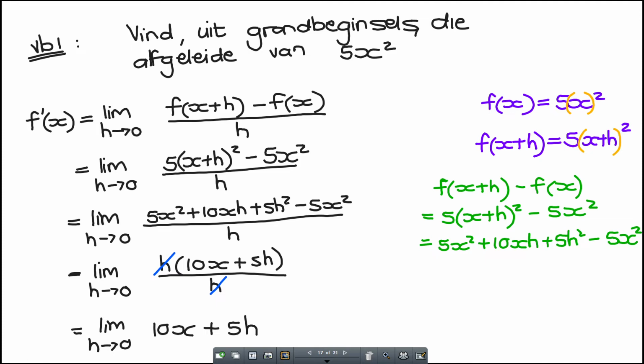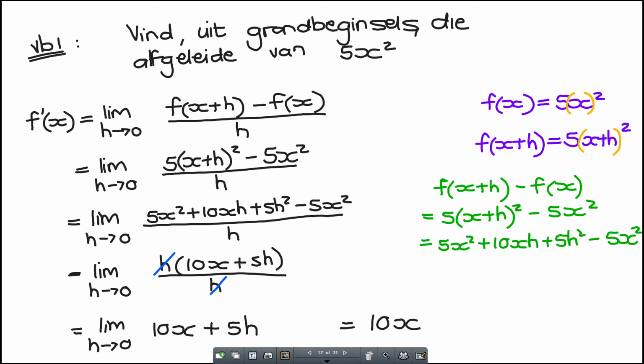Okay, now, we've cancelled out. So our last step is substitute in. That's 0. En as ek gaan 0 instel, wat gaan ek dan kry? Dis mos 10x plus 5 maal 0, and that gives me 0. So technically, it's only equal to 10x. Jy skryf dit asseblief onder. So equal to 10x. Can you see no limit anymore because I'm substituting in?